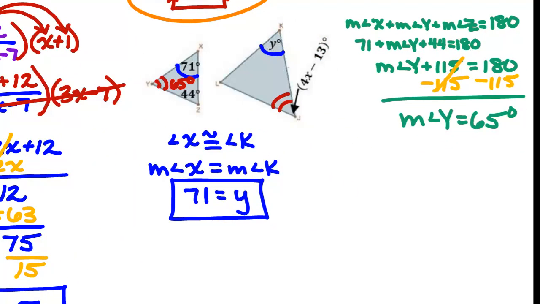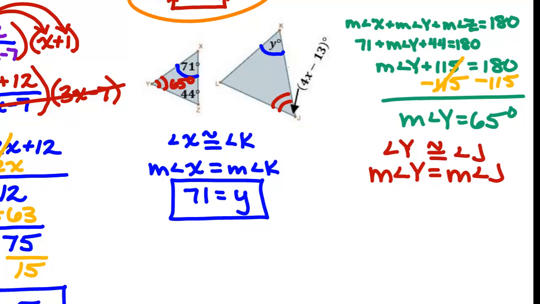Yes. We know from the similarity statement that the measurement of angle Y is equal to the measurement of angle J because angle Y is congruent to angle J. So I have 65 equals what? (4x minus 13). Where do I go from here?